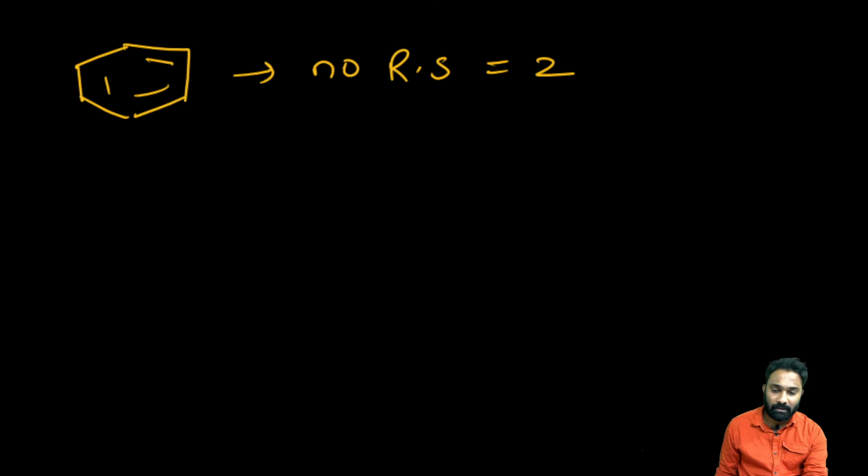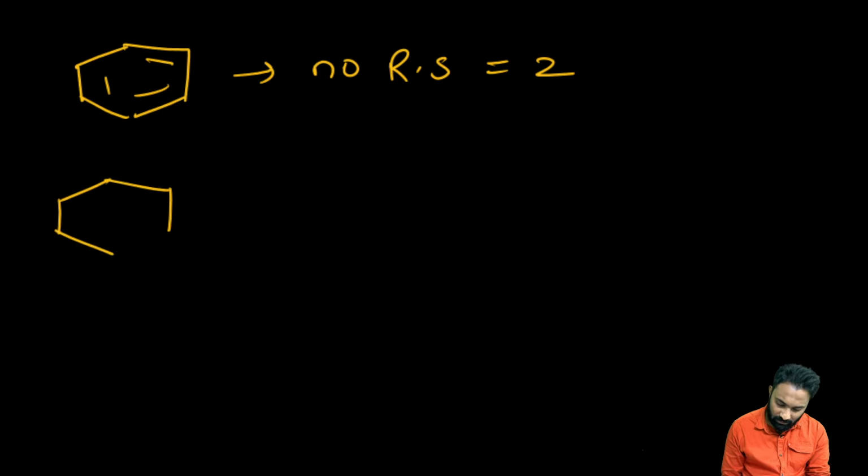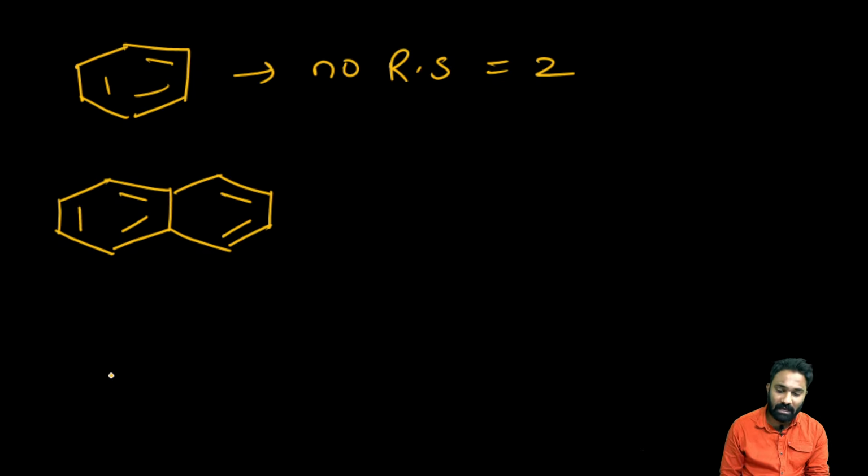Now next, if they have given naphthalene, this is naphthalene. In this naphthalene, how many resonating structures are possible if they ask?